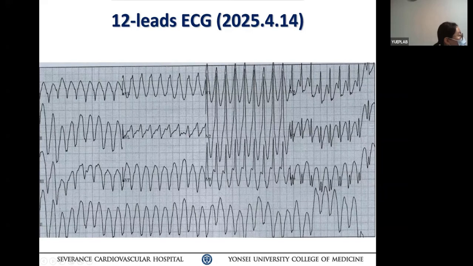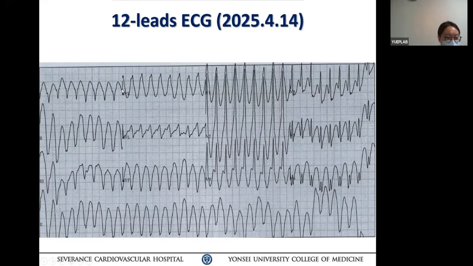So I don't know whether the echo really shows the right thing, but transition is at V4, V5, so the level is probably about right. It has to be below the papillary muscle somewhere. Lead one is typically negative.